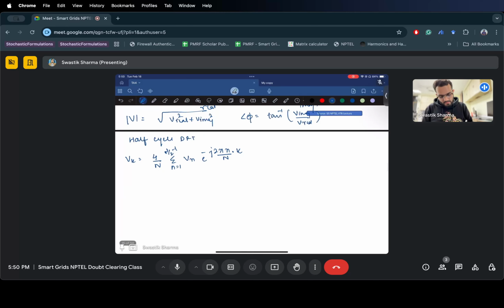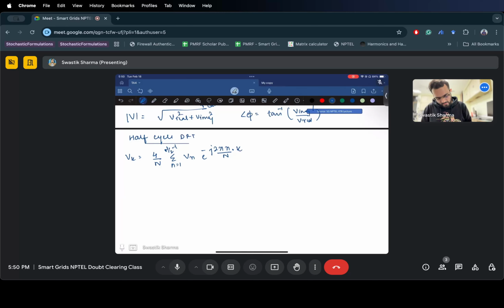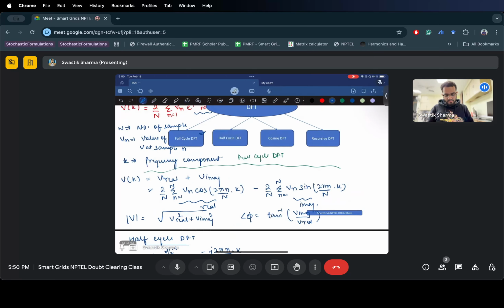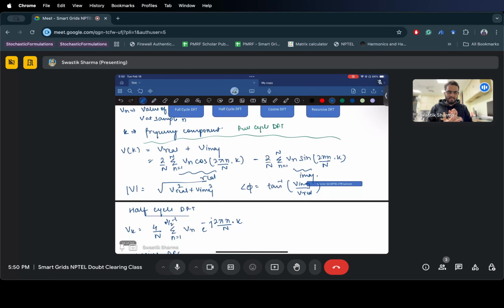Then there is one more thing called cosine DFT. We are interested in minimizing the number of operations we do to calculate the frequency domain representation of our signal, right? Half cycle would do it for half the length of the samples.